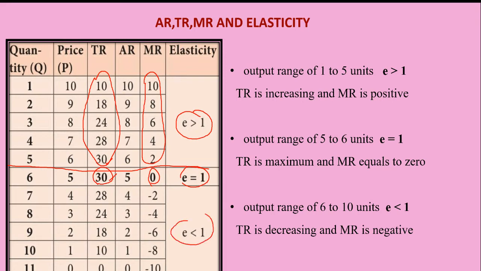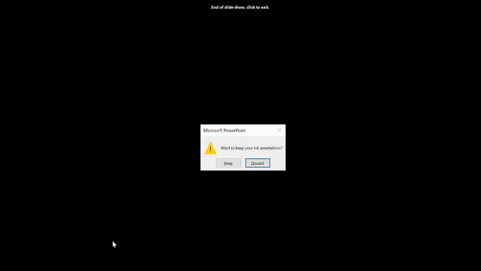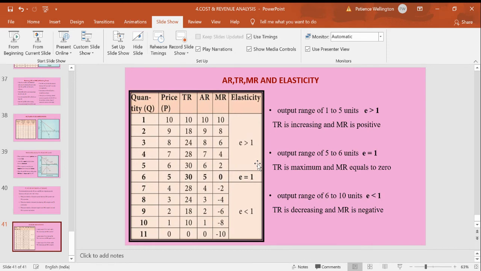If elasticity is lesser than 1, MR is negative and TR is decreasing. Let us go on to the previous slide.